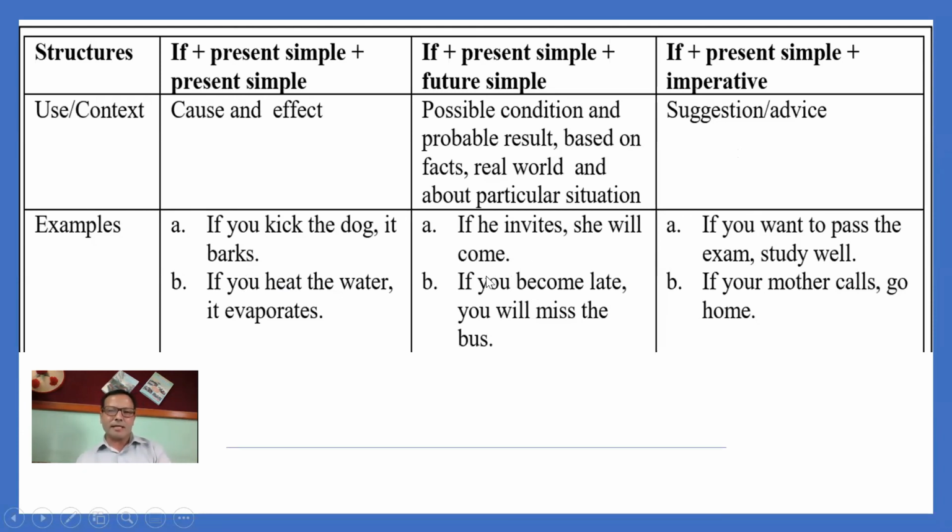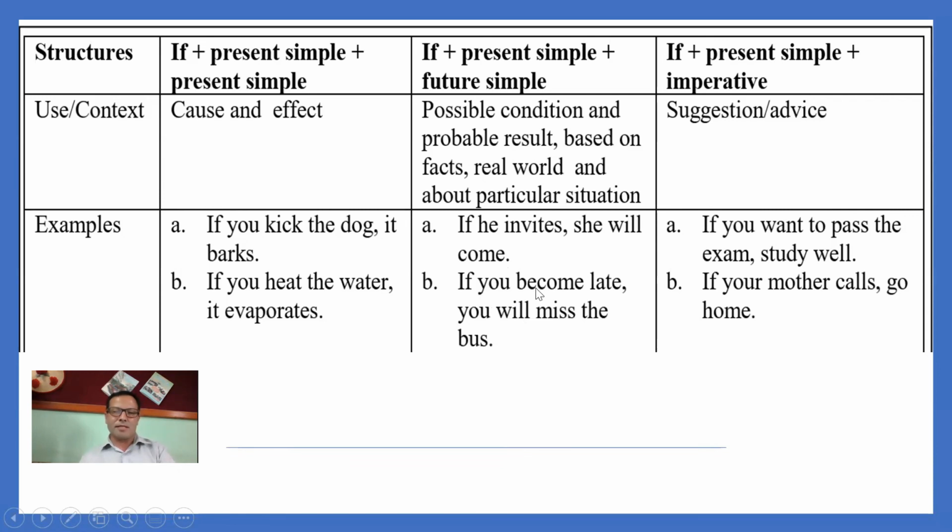Now the next one is, if he invites, she will come. Here the if clause is in present simple tense, whereas the main clause is in future tense, will come. Next one is, if you become late, you will miss the bus. So this is again type 1.